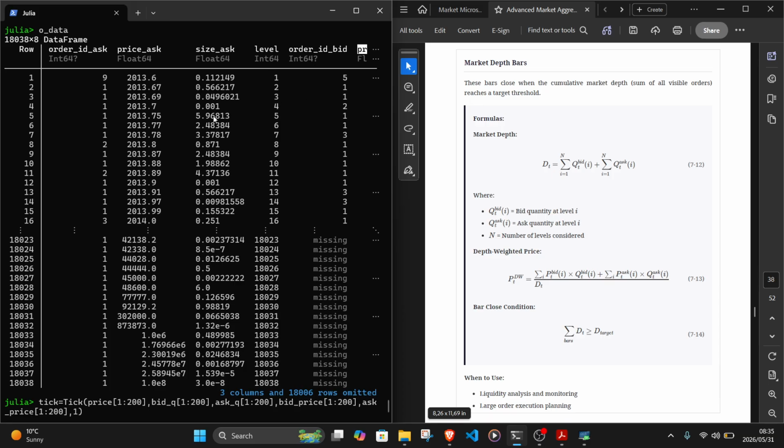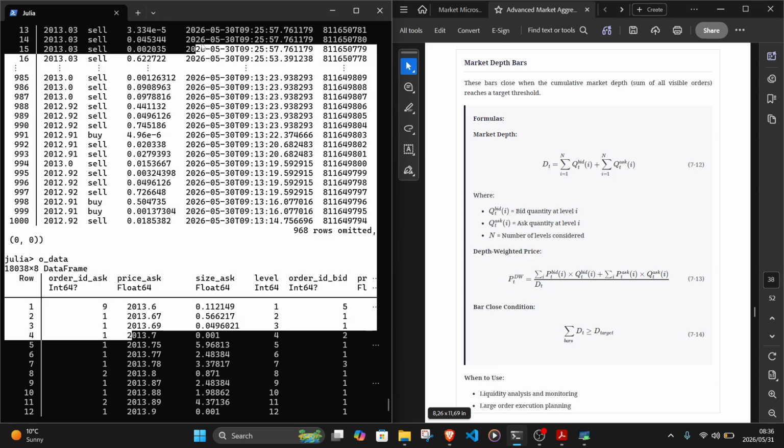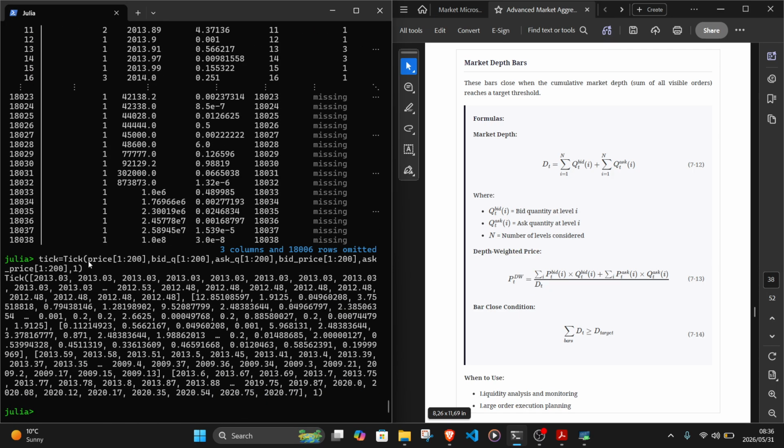We have the order ID, the ask price, the size of the ask, and essentially at the bottom we have tick, which is going to be our data structure taking some important variables from these data sets. We'll be looking at price, the bid size, the ask size, the bid price, and the ask price.